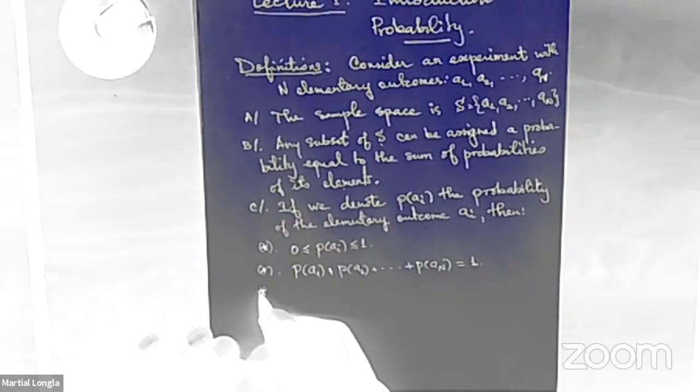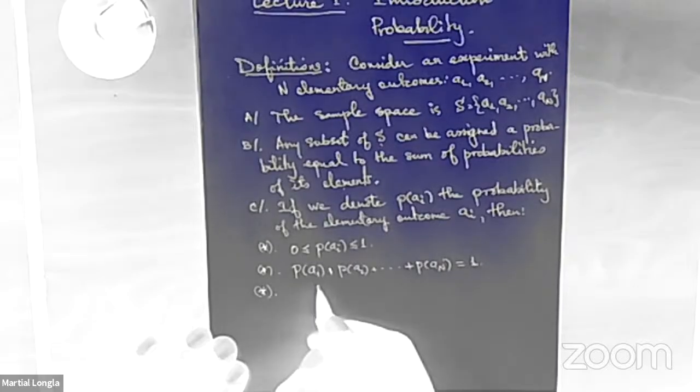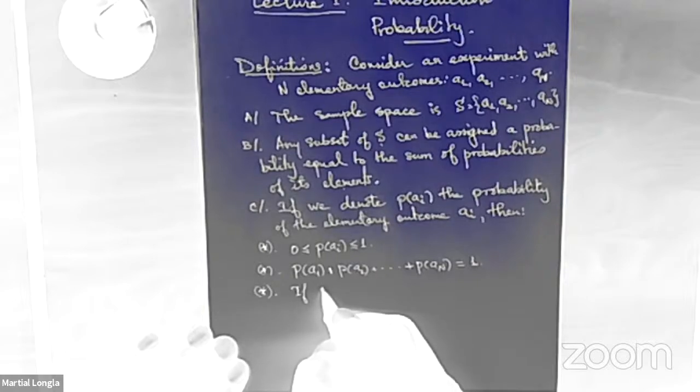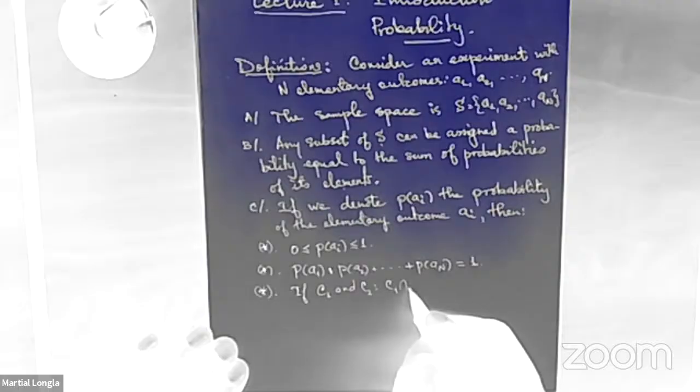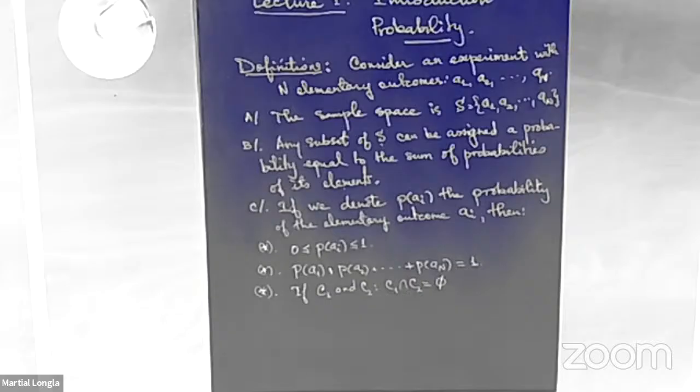And one of the most important rules is that if you have two events, C1 and C2, such that C1 and C2 are disjoint, this is what it means that C1 and C2 are disjoint, that the intersection of the two events is void.